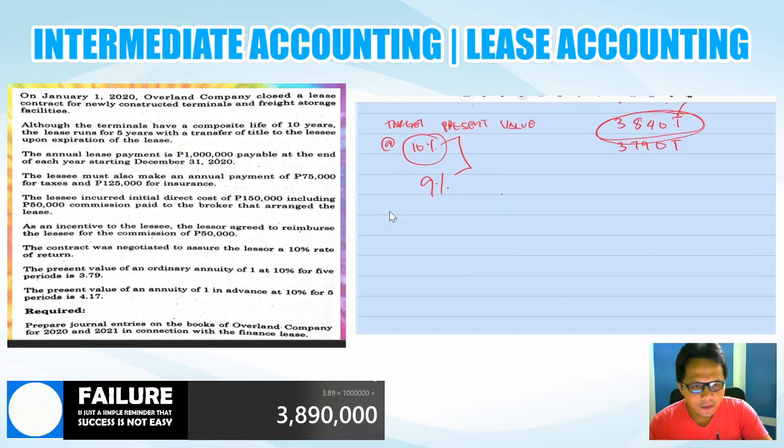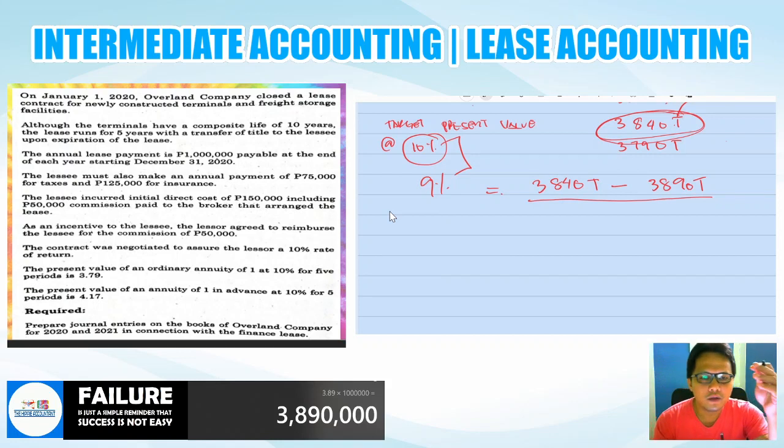So, the numerator, di ba, is the difference between your target value and the prospect present value rate, which is yung target value natin, that is 3,840,000 less your prospect or present value of the prospected rate na 3,890,000.